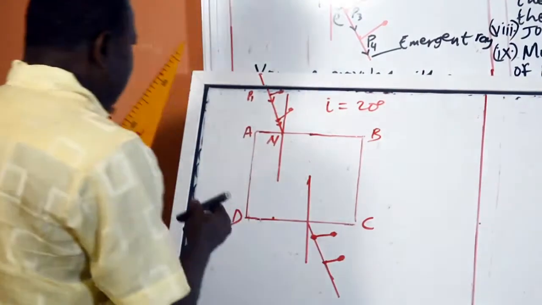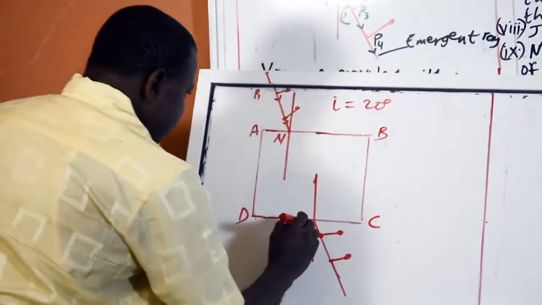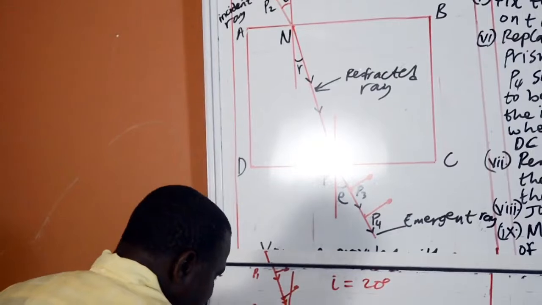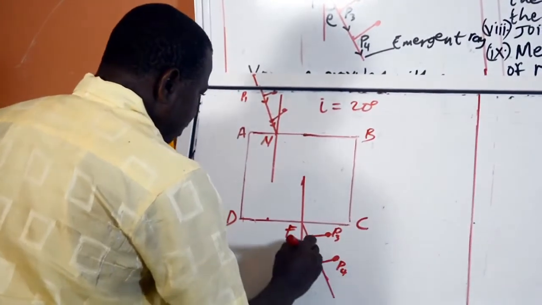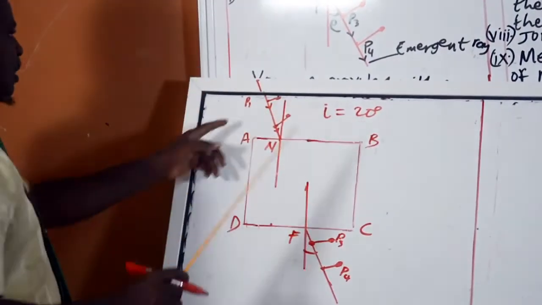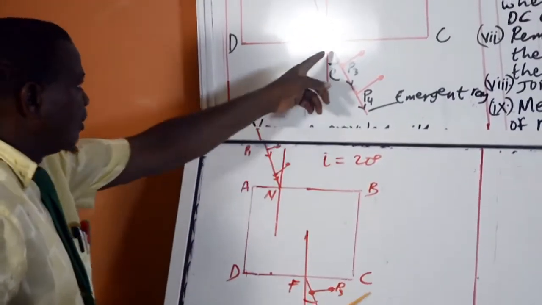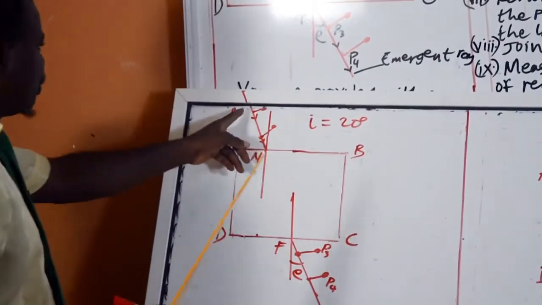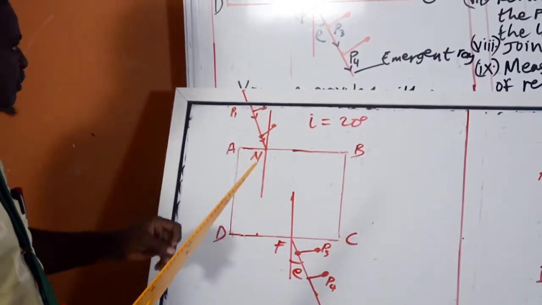According to the diagram, this is your N, this is your F. Then this is P3, P4. This is incident ray. This is emergent ray. The angle in between the incident ray and the normal is called angle of incident.